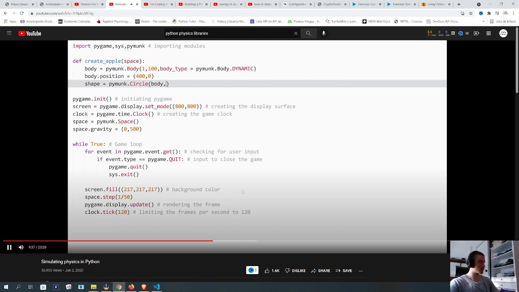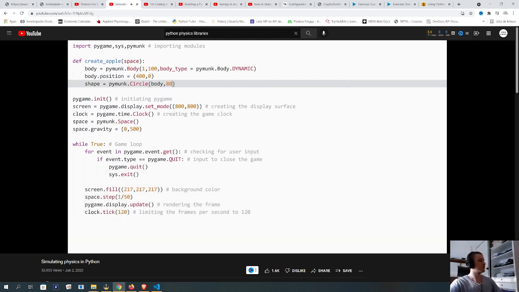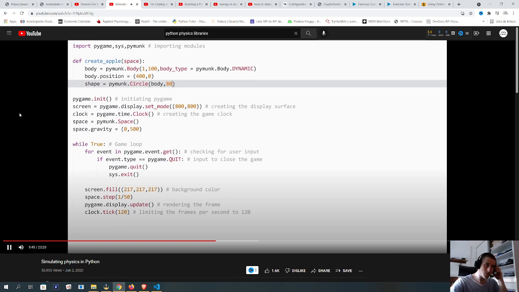In my case, I am going to go with, let's say, 80. And this number we have to experiment with a little bit in a bit, because we have to make this as close to the apple as possible.